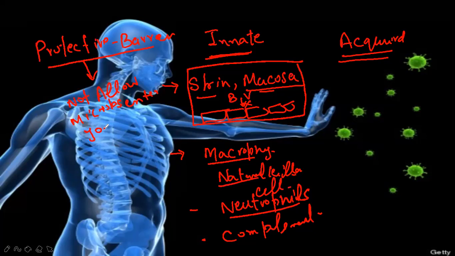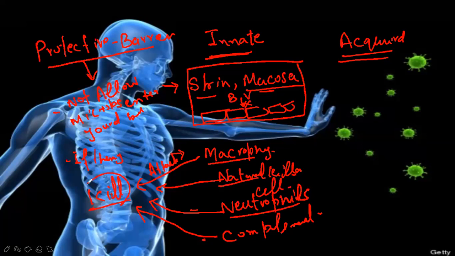But if they enter, then my barrier was not good. If they have already gotten into your body, then what happens? Macrophages attack. Natural killer cells attack. Neutrophils attack. The complement system attacks. They just kill.